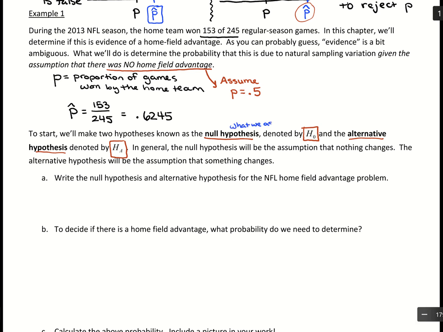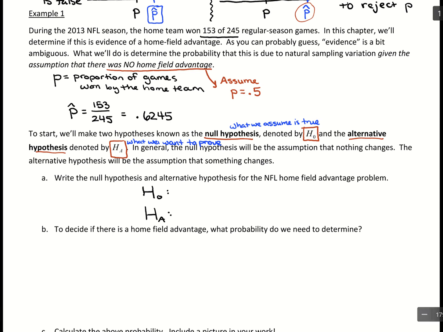And the alternative hypothesis is what we want to prove, so it's what we're trying to gain evidence for. You might sometimes see these described in words with a sentence, but what we're going to use is notation.